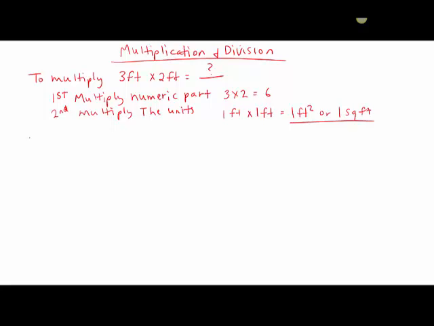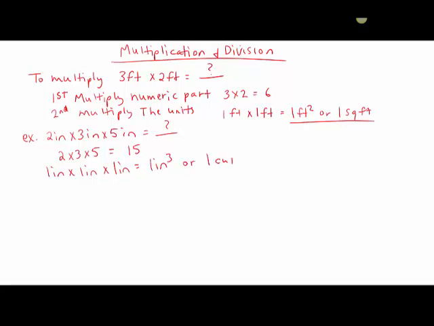All right, let's look at another example. What if we had 2 inches times 3 inches times 5 inches? Multiply the numeric part first: 2 times 3 times 5 equals 15. And then 1 inch times 1 inch times 1 inch is going to be 1 inch cubed or 1 cubic inch.